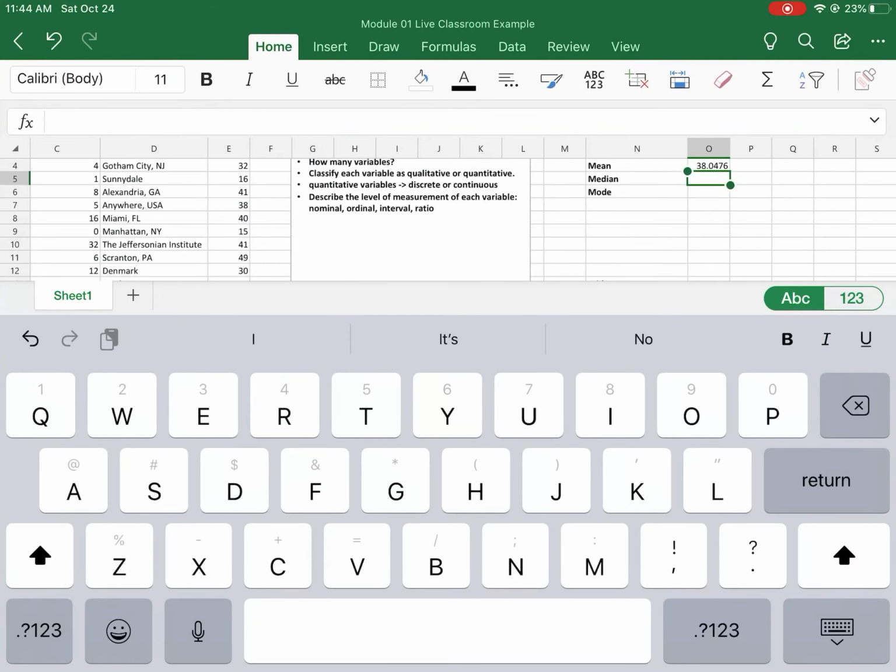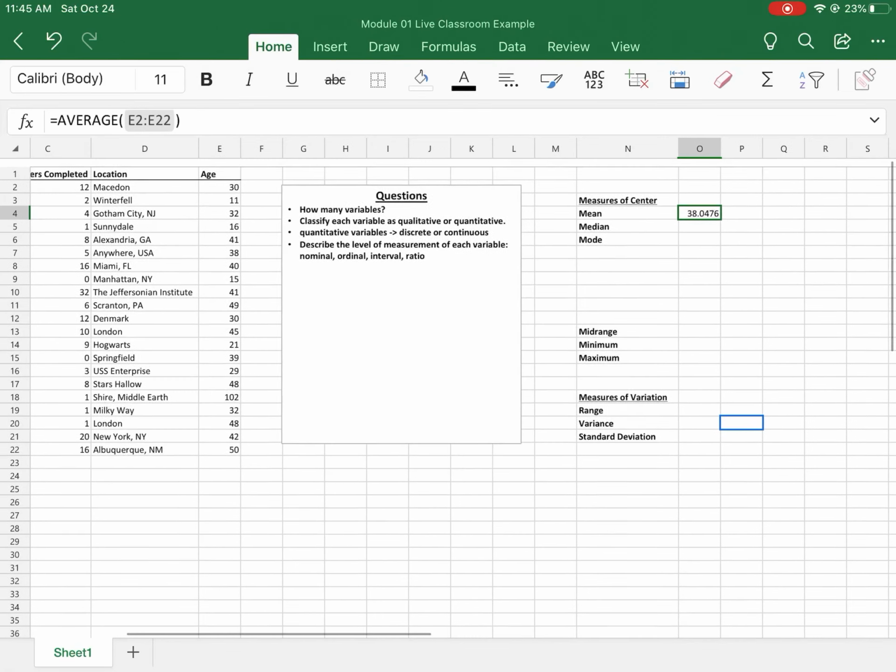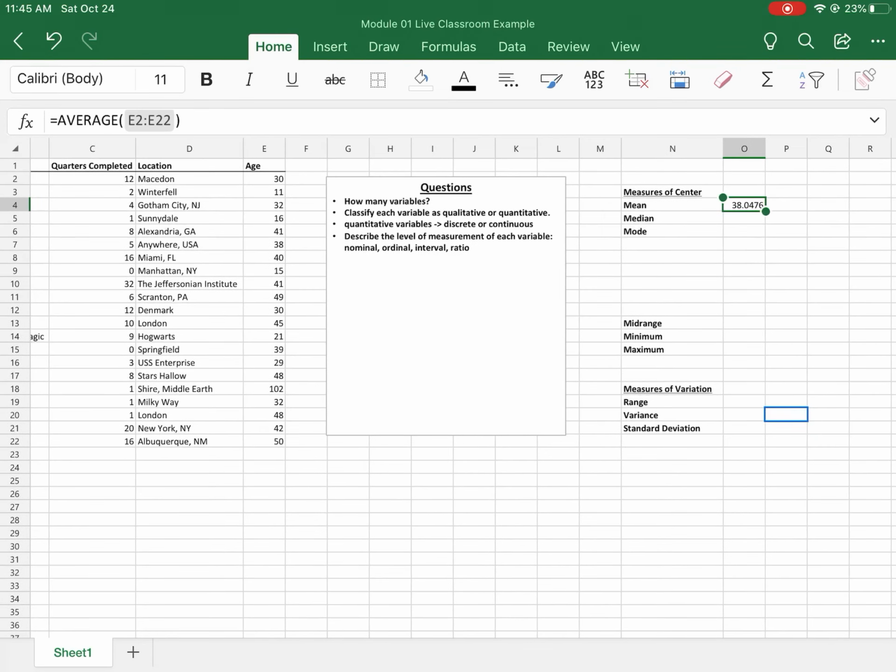There we go, and hit enter. So my mean age is going to be 38.0476. Most times we want you to round to 2 decimals, so that'd be 38.05. And again, I'm just going to show you how I did that. I did equals the average, and I went from E2 all the way to E22. So that's what they're going to be looking for when you show your work for the deliverable for part 4.